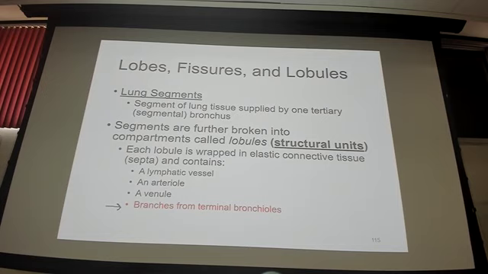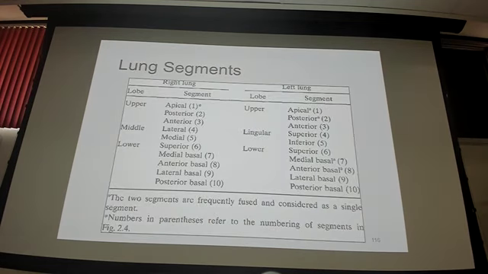So, segments go into lobules. Technically, they're called secondary lobules. Don't worry about that. It's not even a big deal. This is one of the other reasons you guys don't have to know this slide. This is an information-only slide, okay? Because what this does boil down to is the surgical anatomy I was referring to earlier.